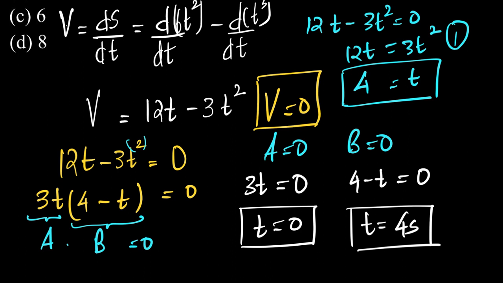This question can be framed in another way also: how many times can the velocity become zero with respect to this relation? If you approach it that way, you will say it reaches zero velocity only once, which is wrong.